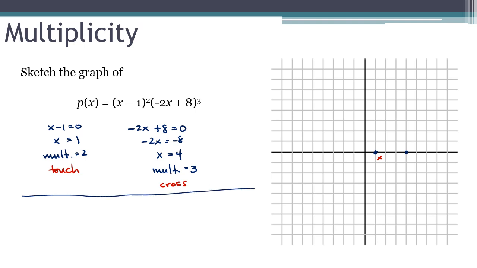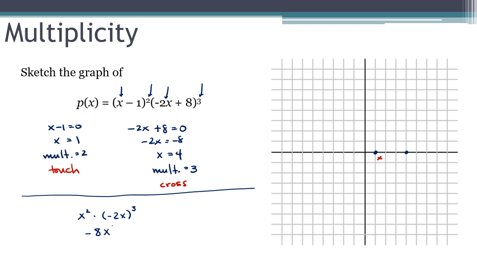Remember, end behavior is based strictly on the leading coefficient, and the leading coefficient of the polynomial comes from the leading coefficients of the factors combined with the exponents. So the leading coefficient of this thing will be x squared times negative 2x cubed. Negative 2 to the third, that's negative 8.